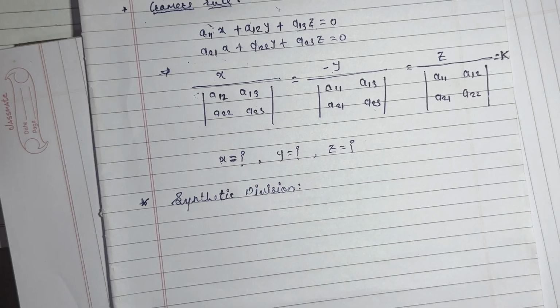We use it for finding the roots of a polynomial equation. Sometimes if you get a higher power like third, fourth, fifth, sixth, regular calculations are quite complicated, so in such a case we apply synthetic division to find the roots.